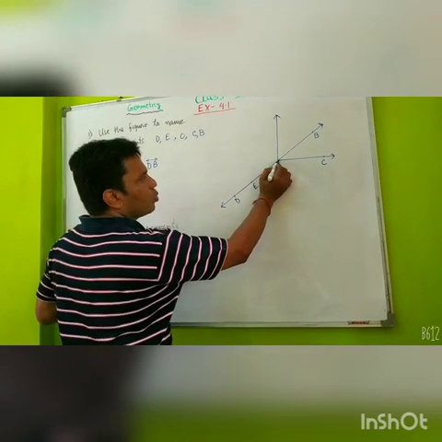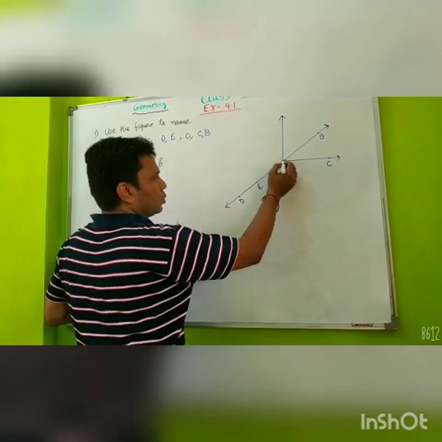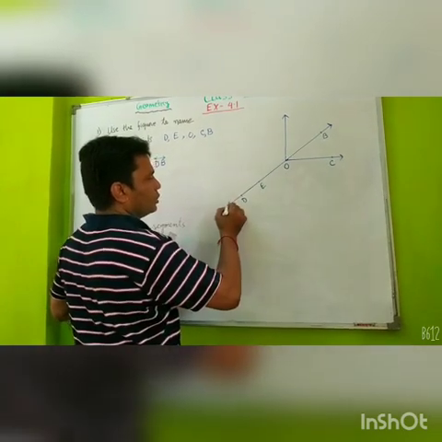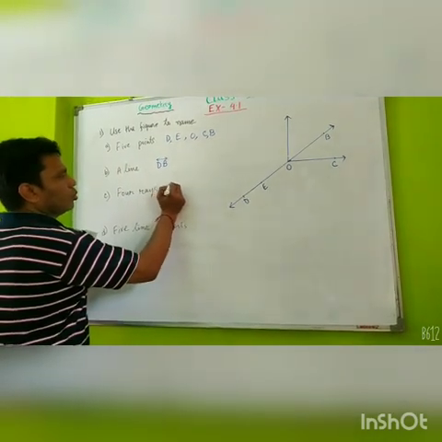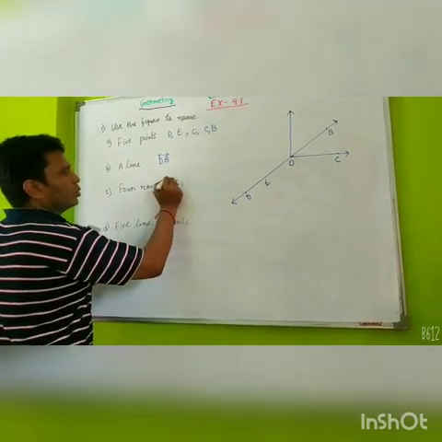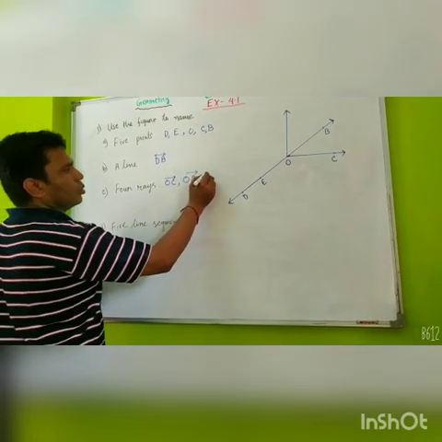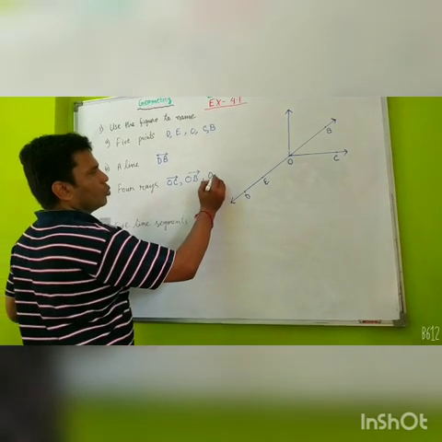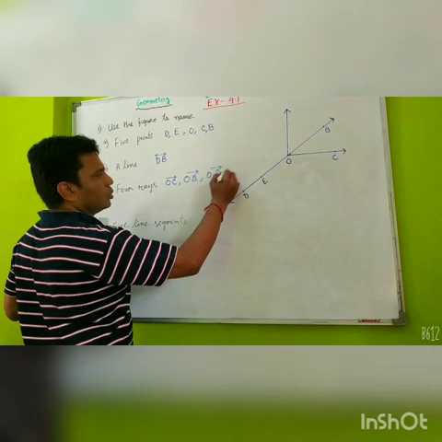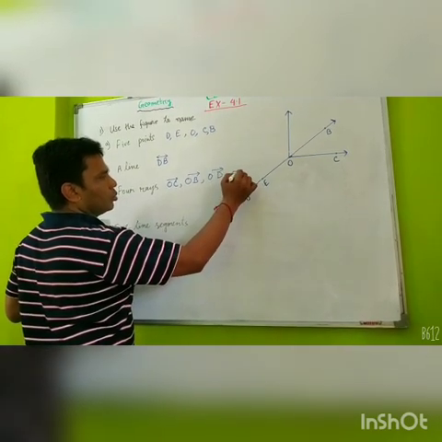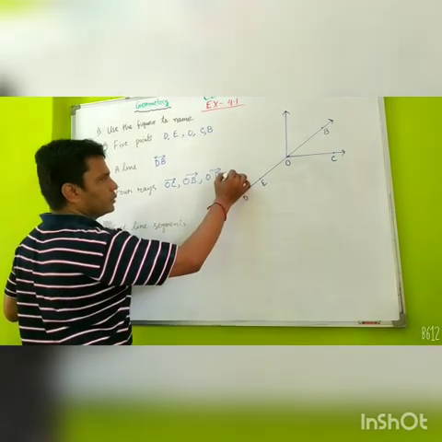Here we can write O to C, O to B, O to D, E to D. We can write here OC, OB, OD, and ED.